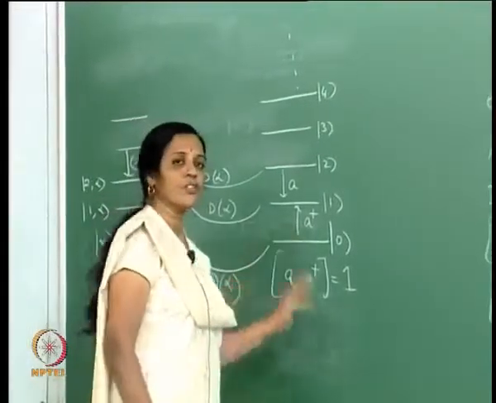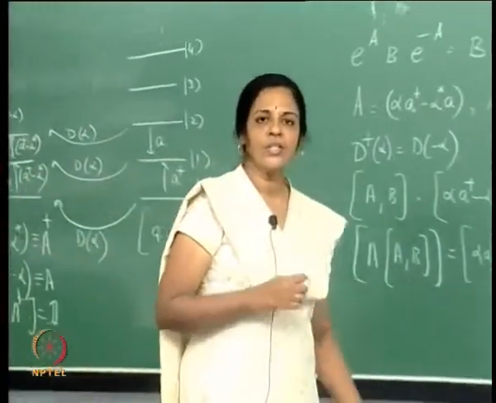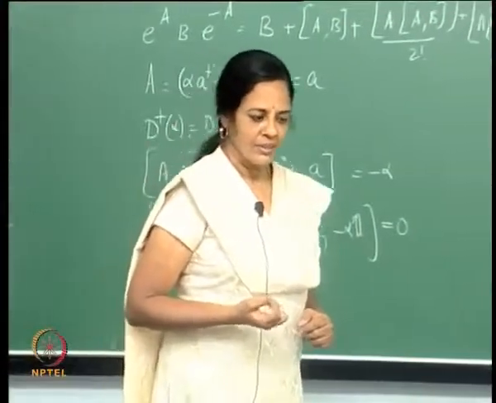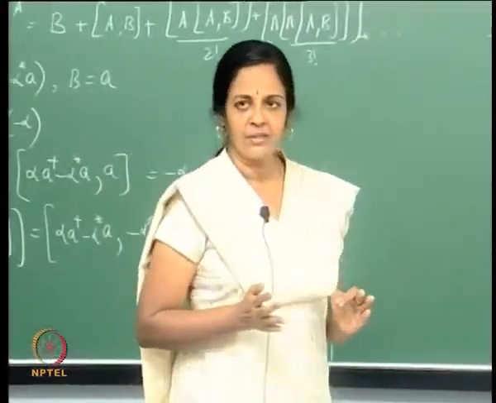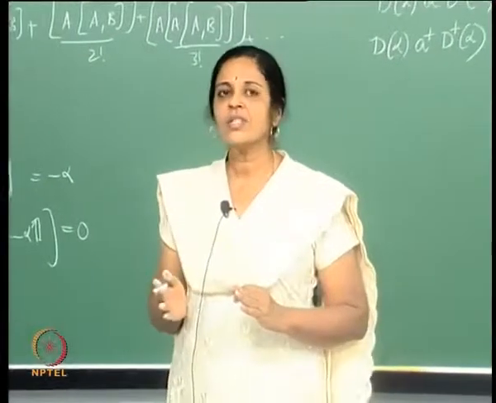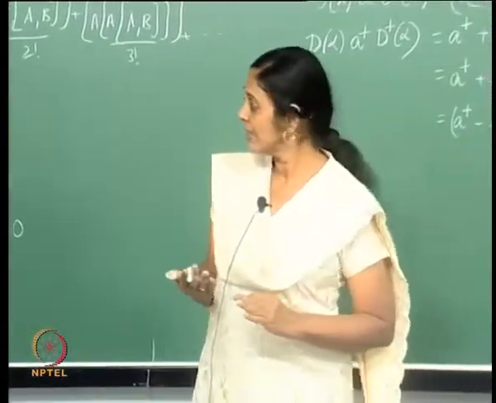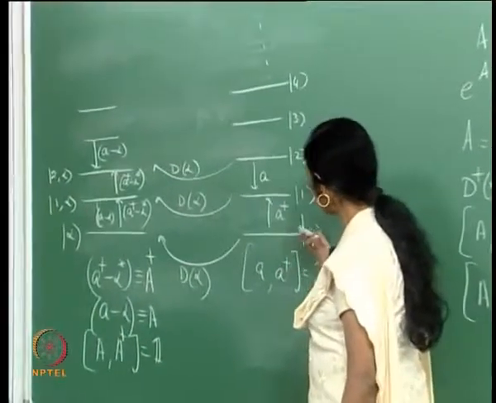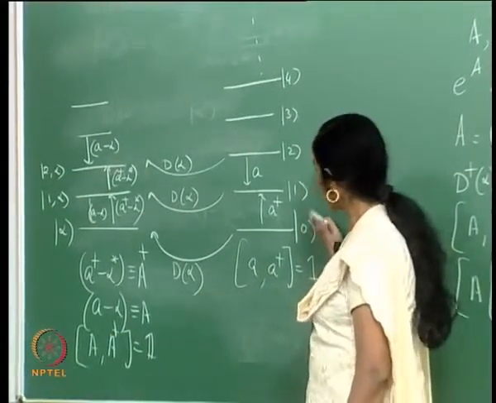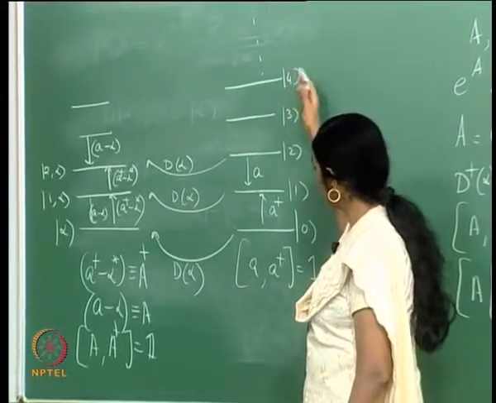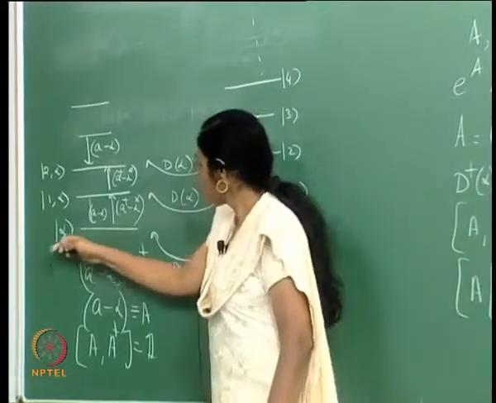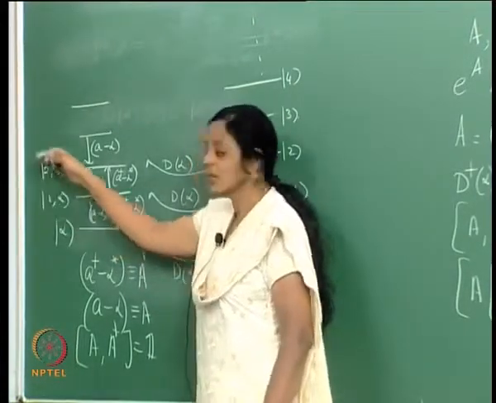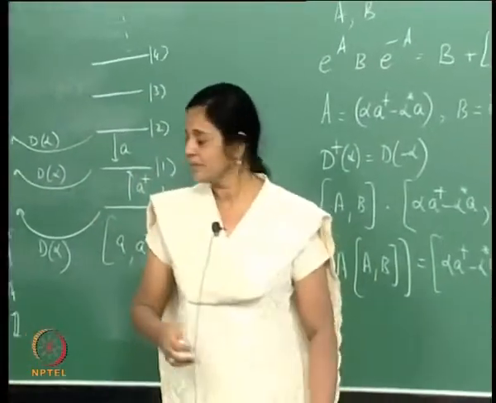We have done a change of basis through a unitary transformation. The unitary operator that was used was the displacement operator D of alpha, and this displacement operator took the basis set, the natural basis, ket 0, ket 1, ket 2, ket 3 and so on, to ket alpha, 1 comma alpha, 2 comma alpha and so on.